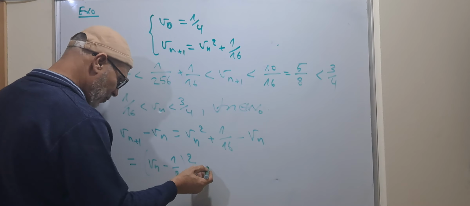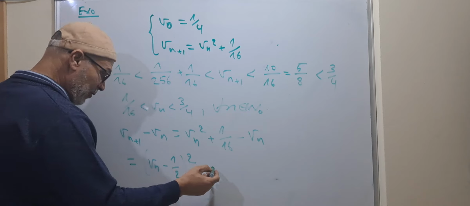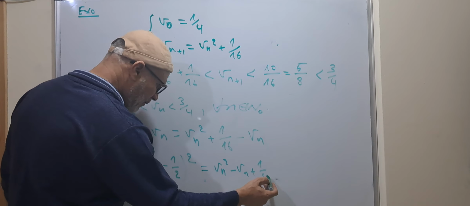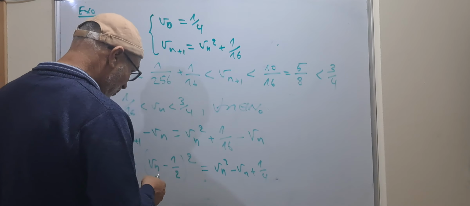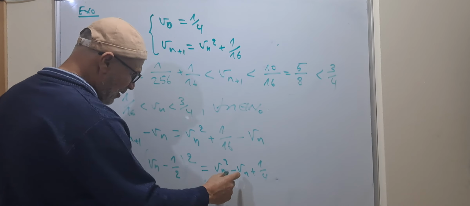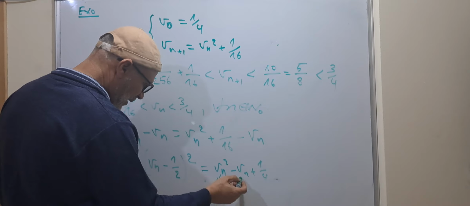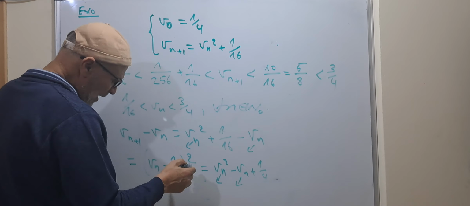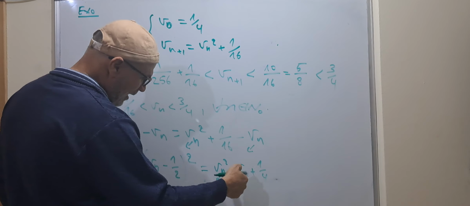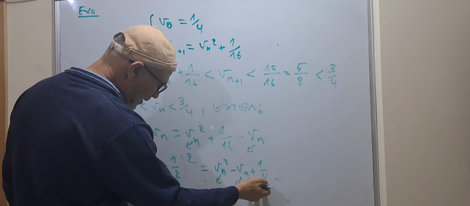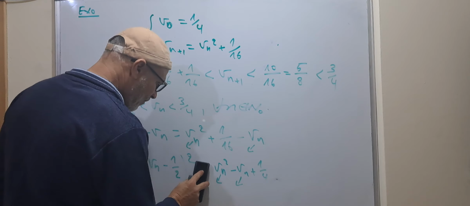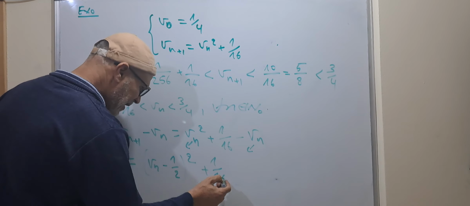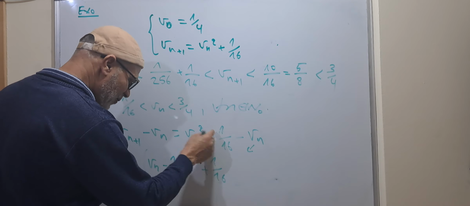This is equal to Vn square minus Vn plus 1 over 4. This one and this one are here. We add 1 over 16 and we take off 1 over 4. Plus 1 over 16, 1 over 16 is this one.